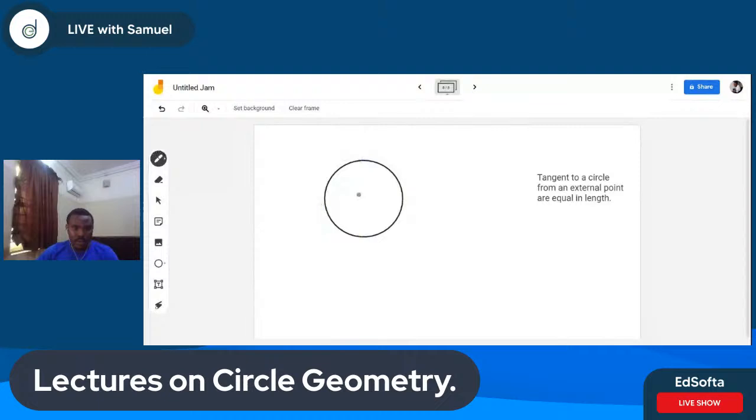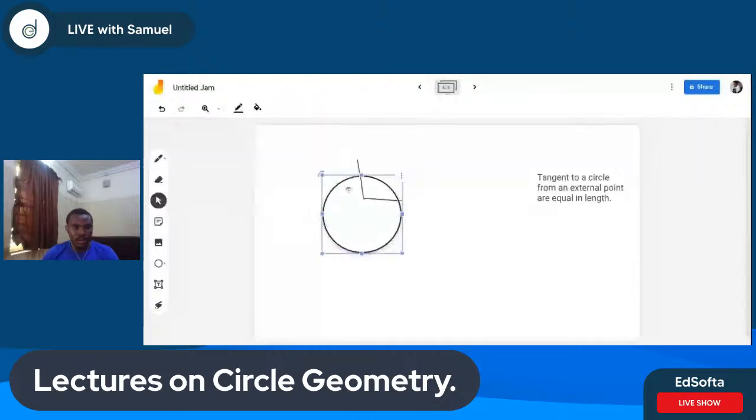You have your midpoint. Draw a line like this. Let's bring the circle down a bit and erase the lines we drew before.